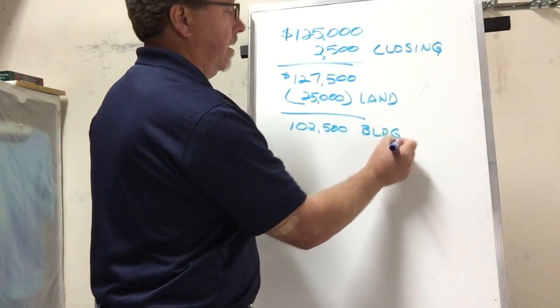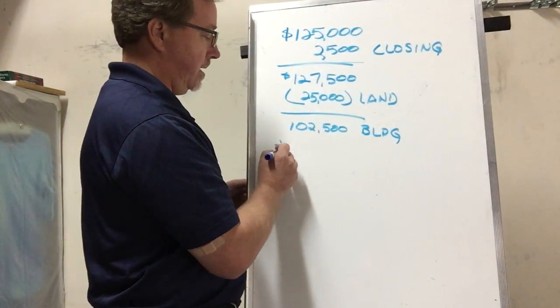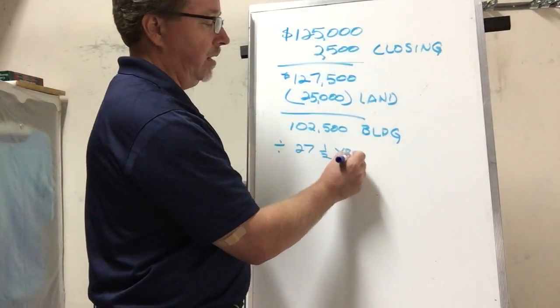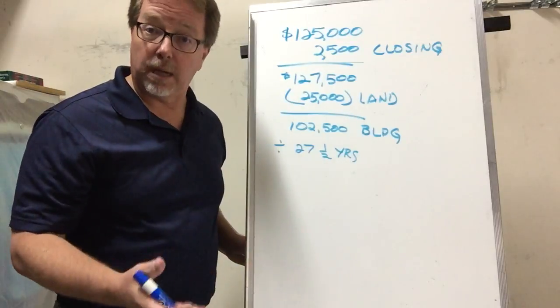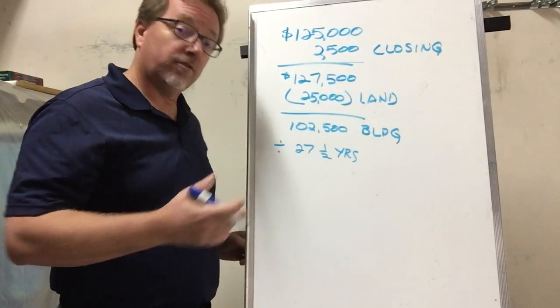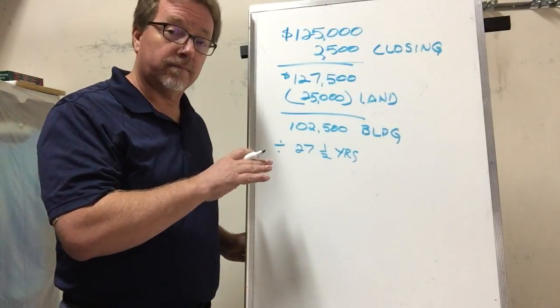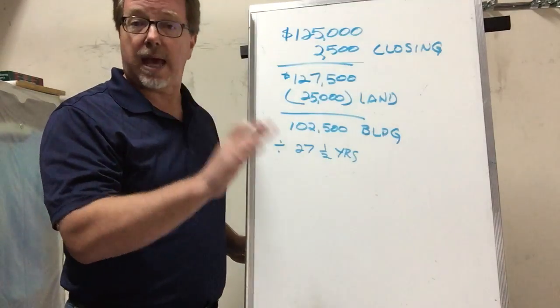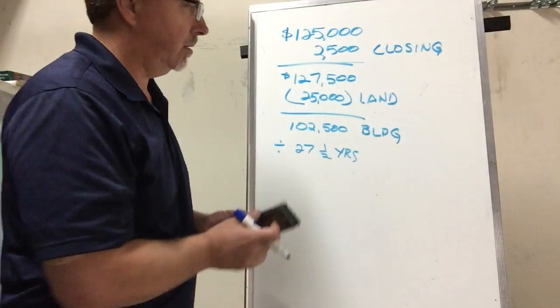And we divide that number by 27 and a half years to come up with what our annual depreciation is going to be. Now this is assuming that you bought the property and you didn't fix it up. It was good, and someone rented it from you right off the bat. I hope that's the case, but it's not always.